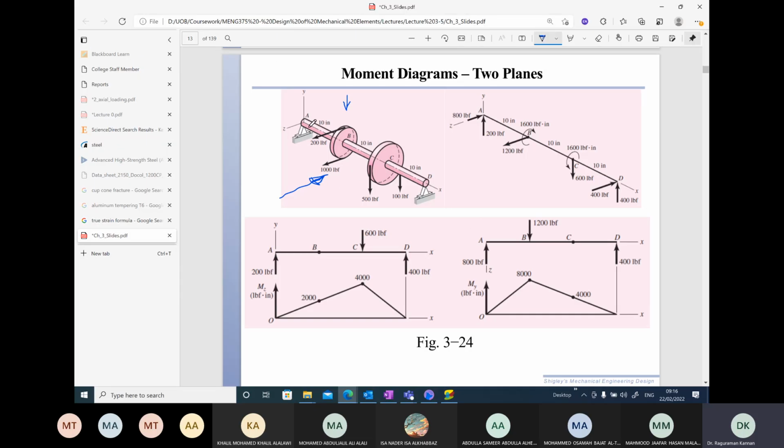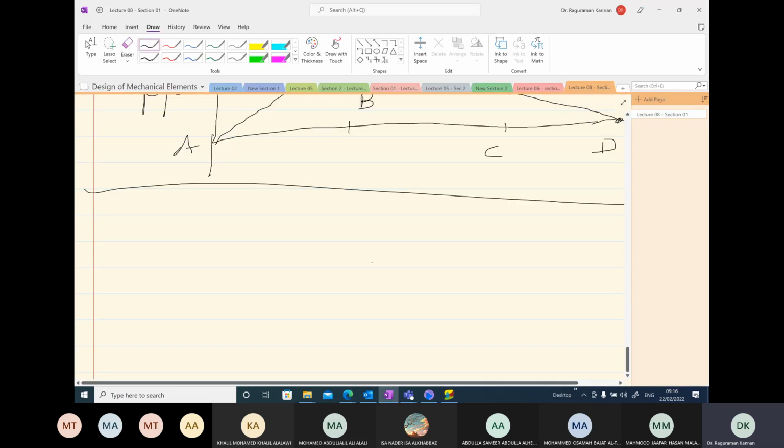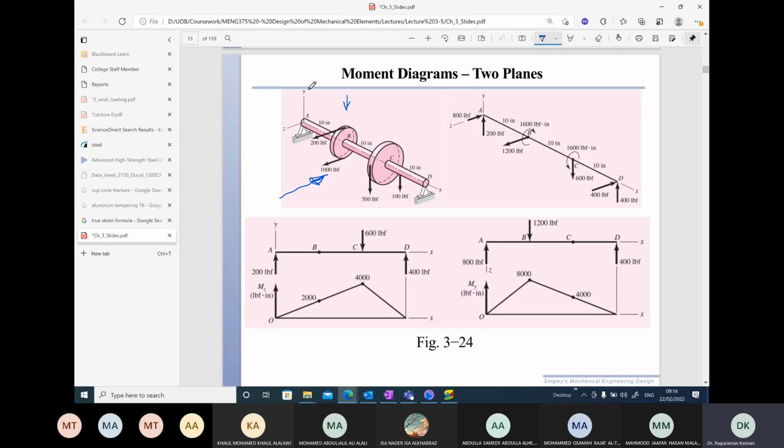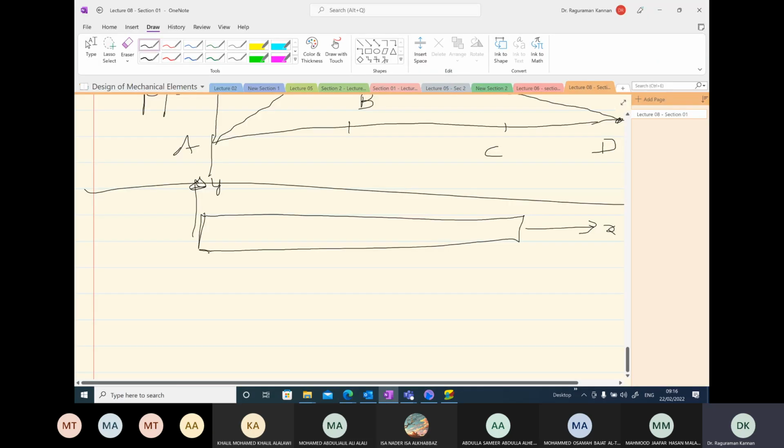When I look at this direction, I will not be able to see the force at B. I can neglect it and consider it as a beam with a force of 600 pound force at point C. But now I have the x-axis and the y-axis, which I will see here.